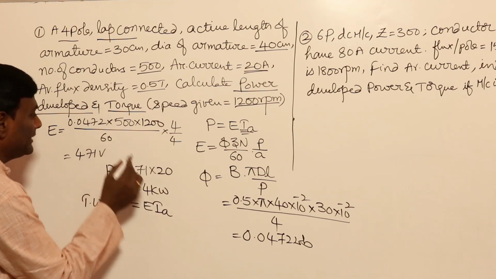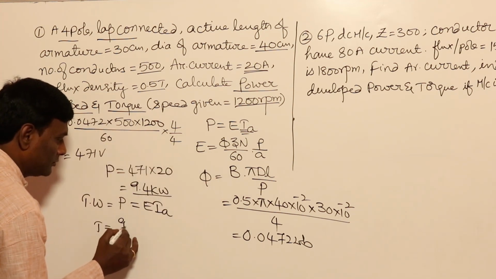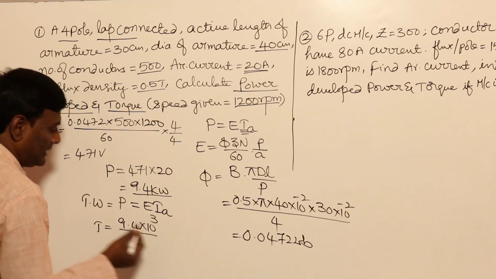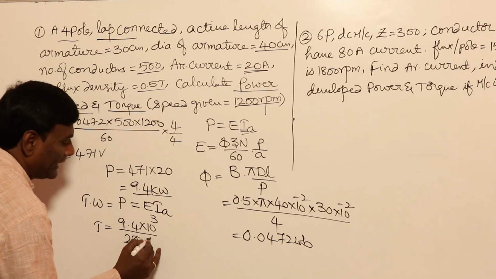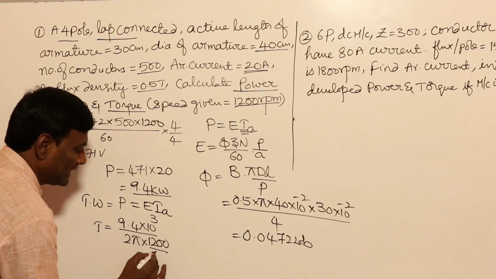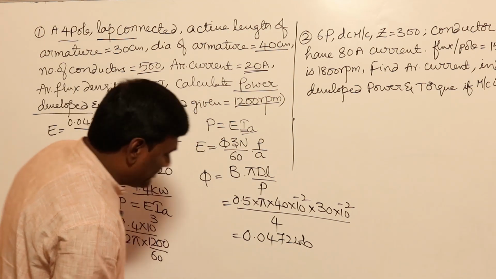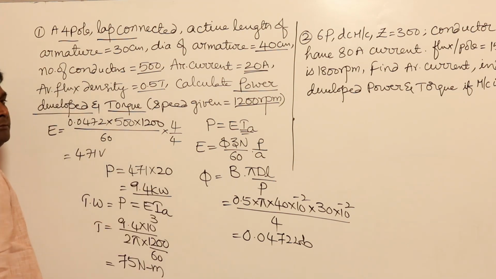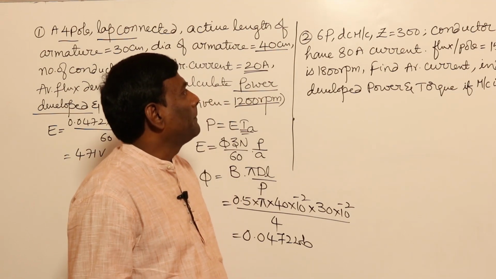Torque equals power, 9.4 kilowatt, so 9.4 into 10 to the power of 3 divided by speed 2 pi n by 60, 2 pi into 1200 rpm divided by 60. So many Newton meters, how many? 75 Newton meters. Problem solved.